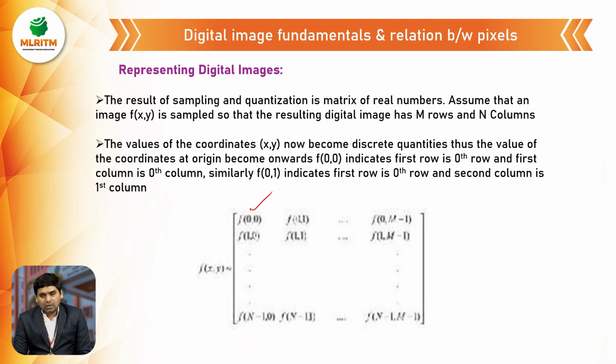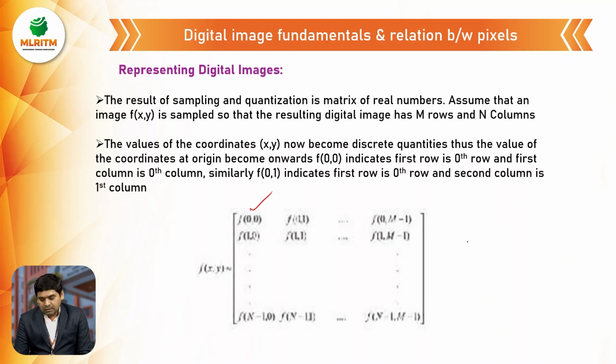Second row is f of 1 comma 0, f of 1 comma 1, f of 1 comma 2, and f of 1 comma m minus 1. Like that, the last row is f of n minus 1 comma 0, f of n minus 1 comma 1, f of n minus 1 comma 2, up to f of n minus 1 comma m minus 1.